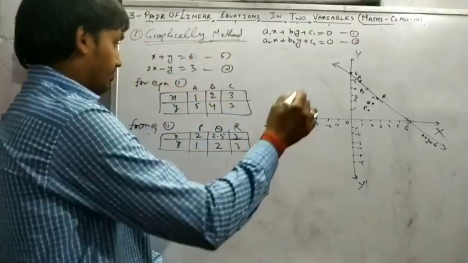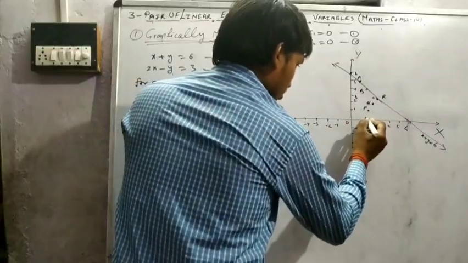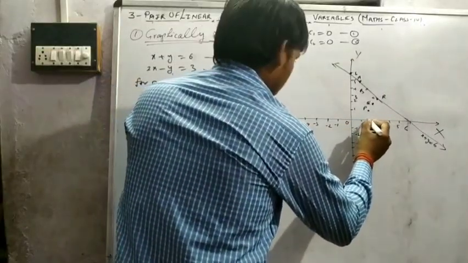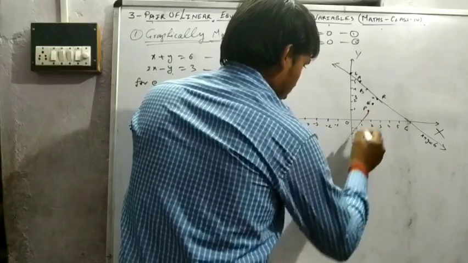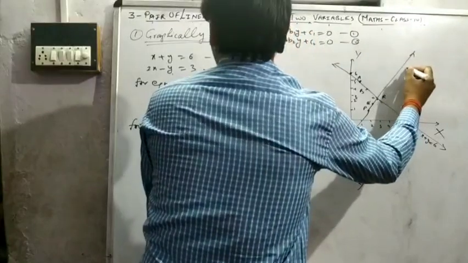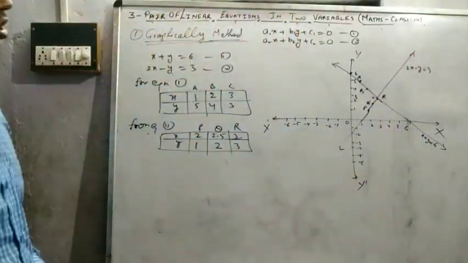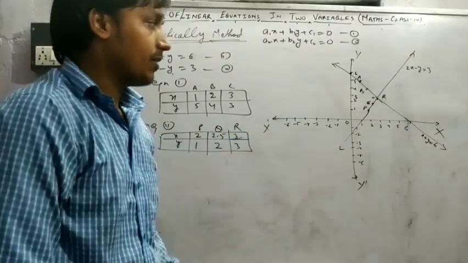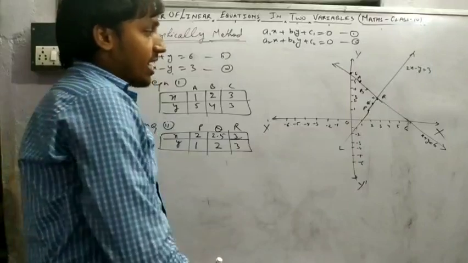Join them. Suppose 2x minus y equal to 3. So you draw the graph, and both graphs intersect at a point.